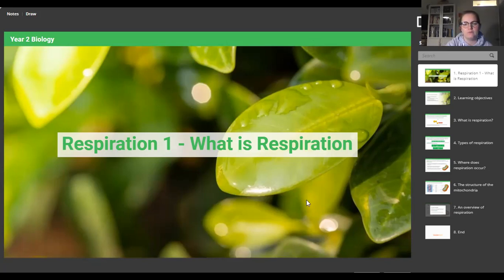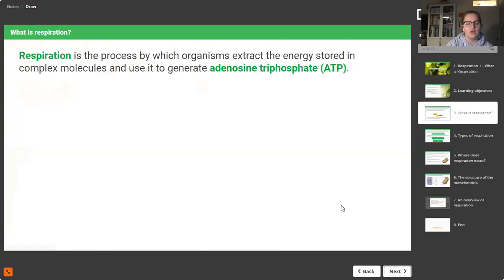I'm going to go super back to basics to start off with. Respiration is the process by which organisms extract the energy stored in complex molecules, and we use it to generate adenosine triphosphate, ATP. ATP is that energy currency molecule.